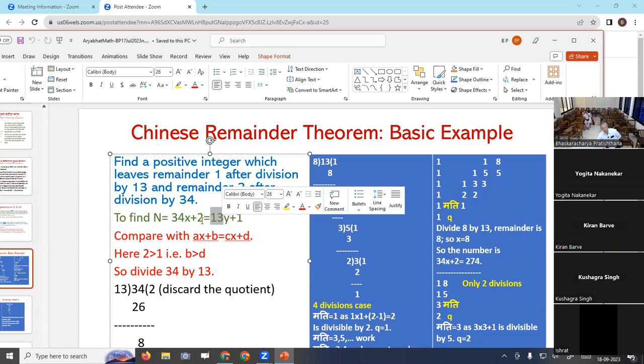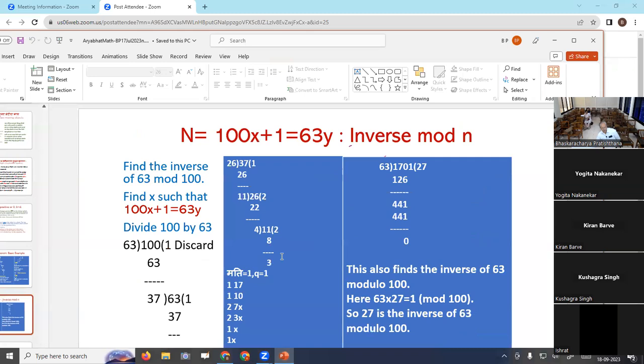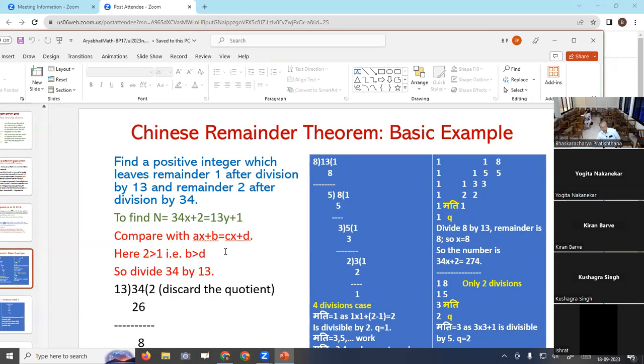That means 13 should divide 34. So 34 is divided by 13, and then the quotient is 2 and so on. That is how we should proceed. And the first quotient is to be discarded in that case.